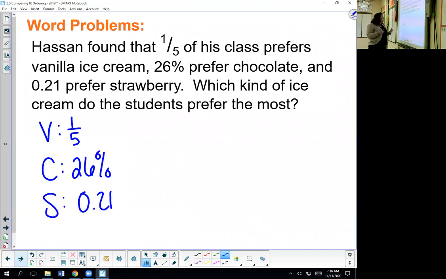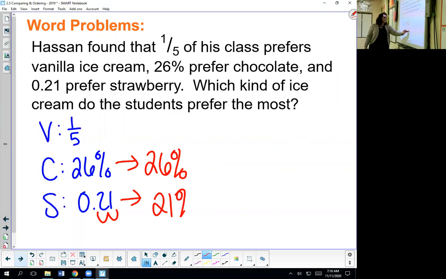Okay? Honestly, to me, I'd make them all percents. Why? Because I already have this one as a percent, so I'm leaving this alone as 26%. I know how to change this quickly into a percent, this is saying 21 hundredths, which is 21%. The only one I gotta do is this one up here.